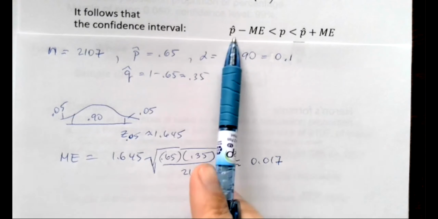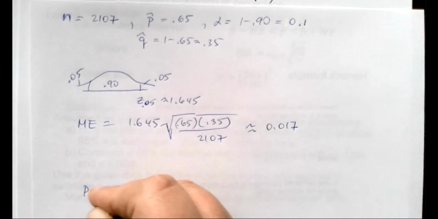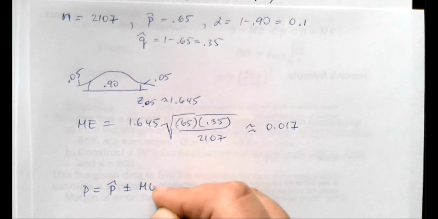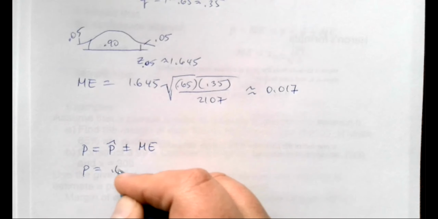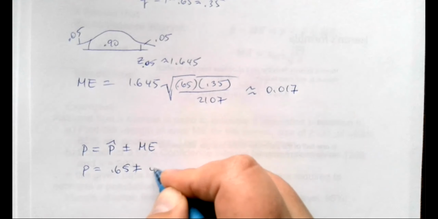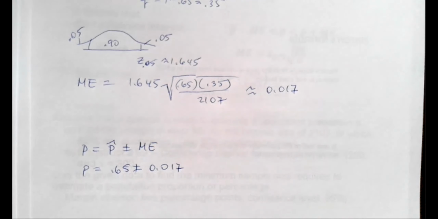But for the interval, it is going to be p hat plus or minus the margin of error, which is 0.65 plus or minus 0.017.